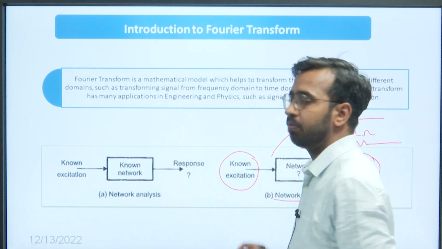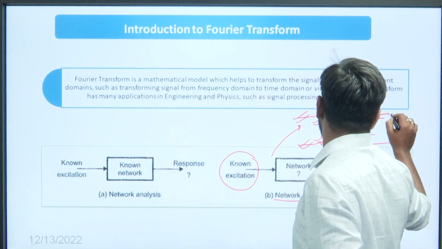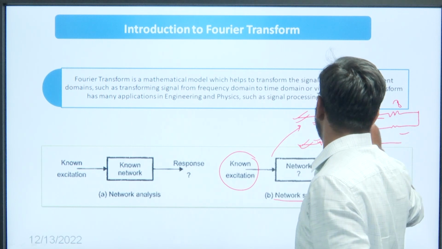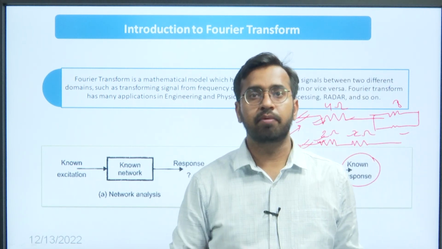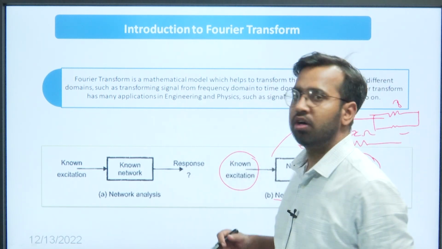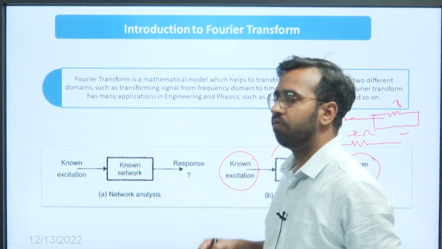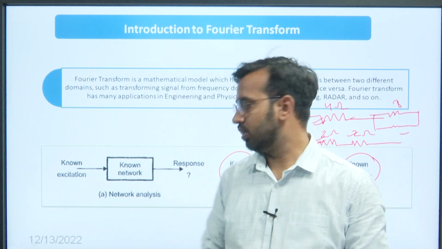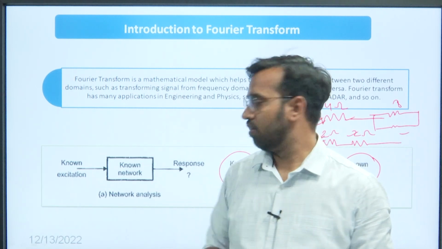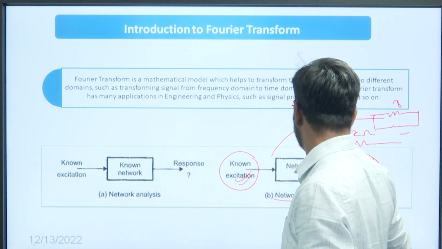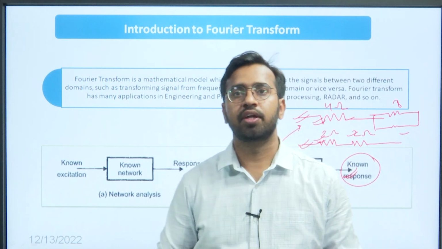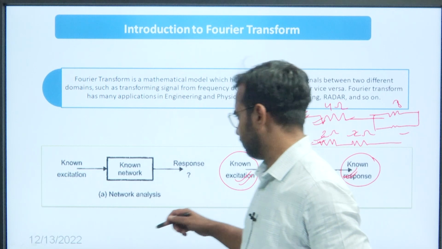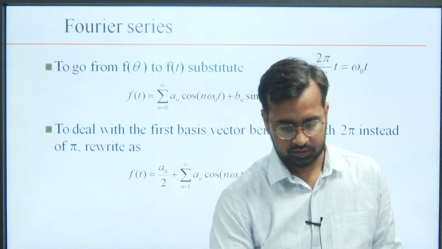Or someone can get two 8 ohm resistances in parallel. So there can be different combinations of resistances to get 4 ohm. Therefore we can say synthesis may be different. It is not fixed: for a single excitation and single response we can have different synthesis or different networks. So just keep this in mind. Next. Okay.